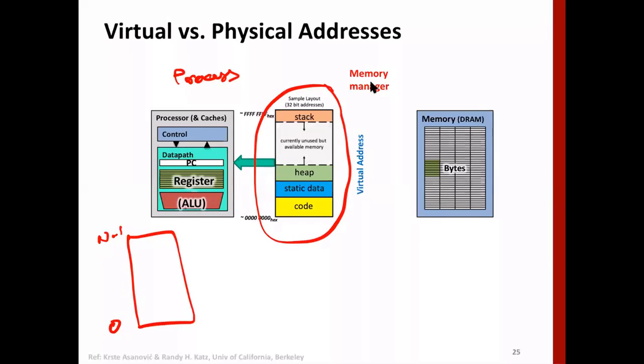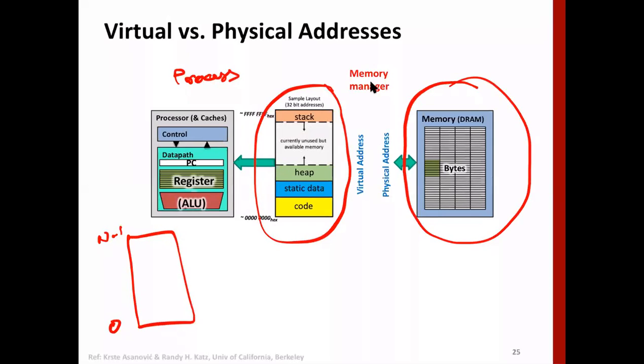While we have a single memory like this, there has to be translation of virtual address to physical address. That is the role of a memory manager that sits in between. Repeating, each process running on a processor uses only virtual address space because that simplifies things for the programmer, right? The programmer need not worry about actual memory size and where it will be.